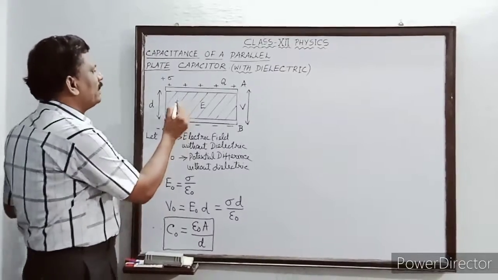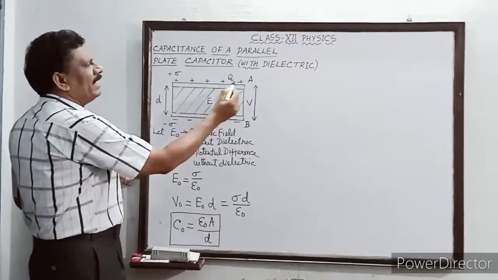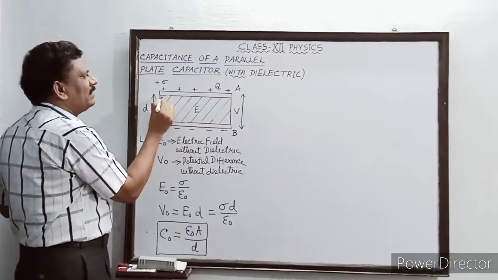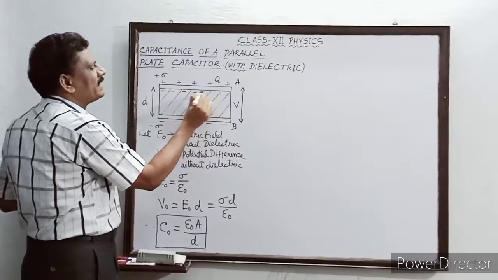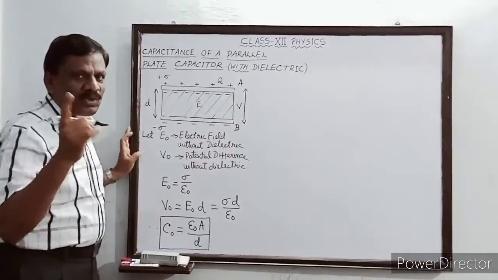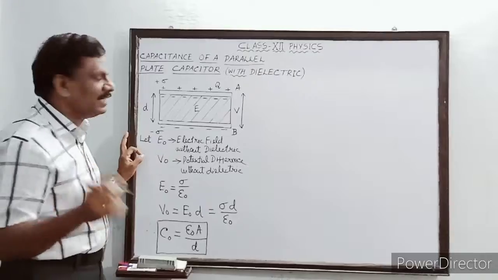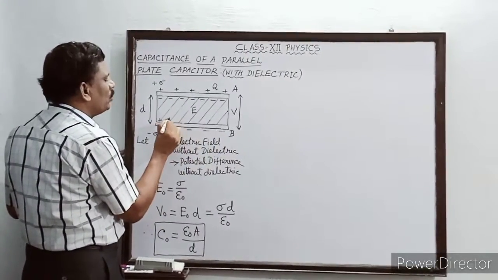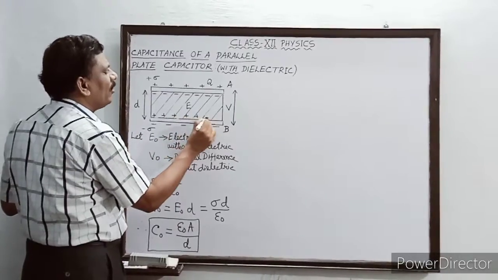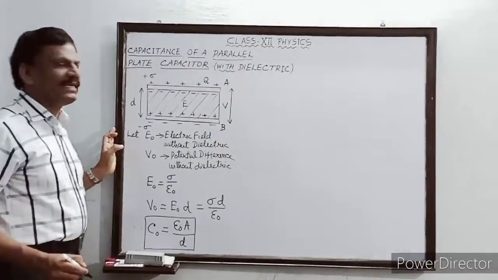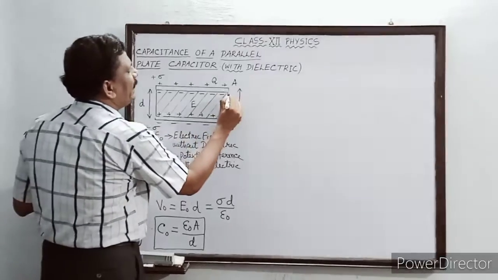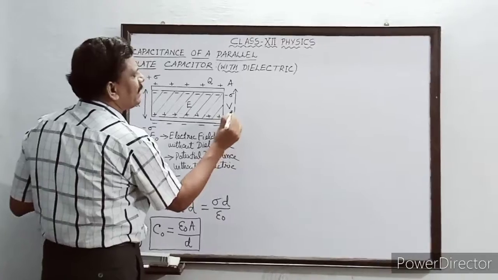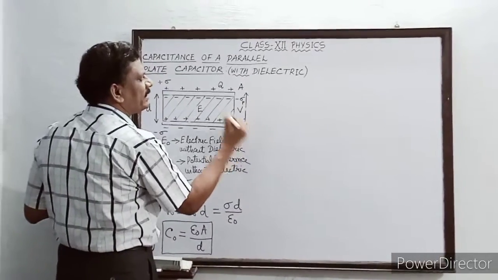And what will happen to the dielectric? You see that already there is a positive charge on plate A, and this will induce some negative charges inside the dielectric due to polarization. Similarly, the negative charges of plate B will induce positive charges on the other side of the dielectric. As a result, one end will possess minus sigma and the other end will possess plus sigma due to polarization.